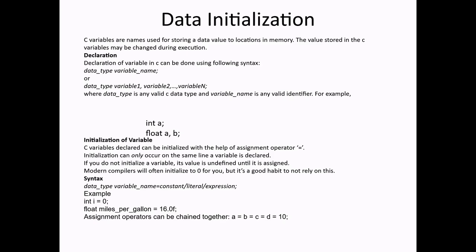Modern compilers are pretty good at initializing to 0, but you don't want to rely on them for that. When you, in the same line as you declare a variable, assign to it, like in the line down here, int i equals 0, this is called initialization. This tells the compiler, preserve this memory and load this value into that memory. This prevents you from getting any garbage data or any unexpected behavior.